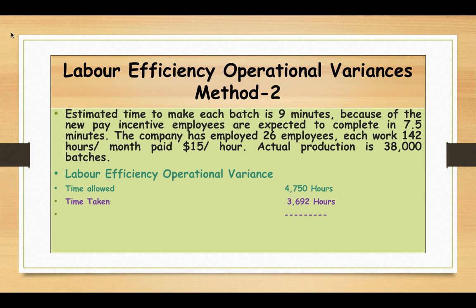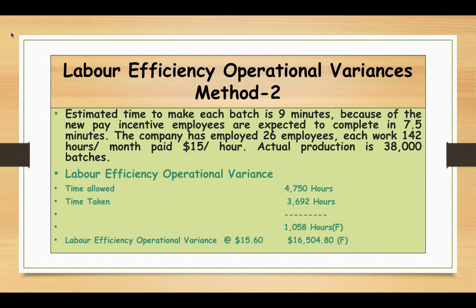Time taken, 26 employees times 142 hours, so 3,692 hours. So we get 1,058 hours favorable.